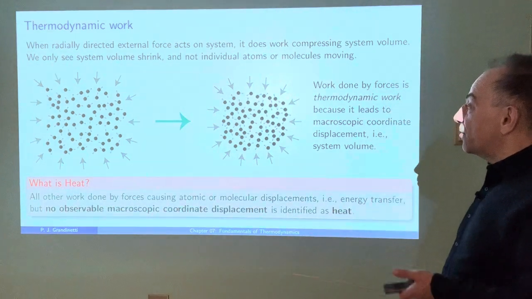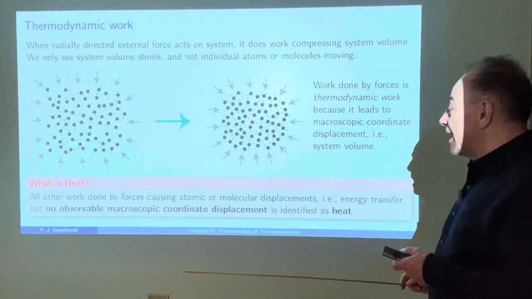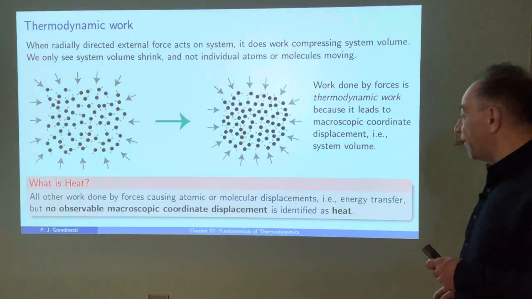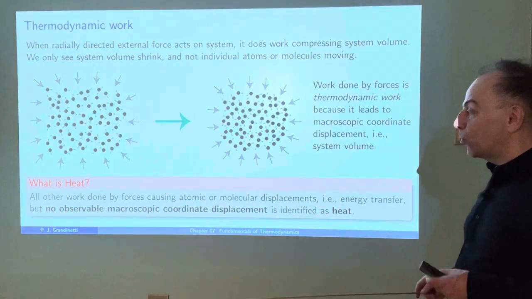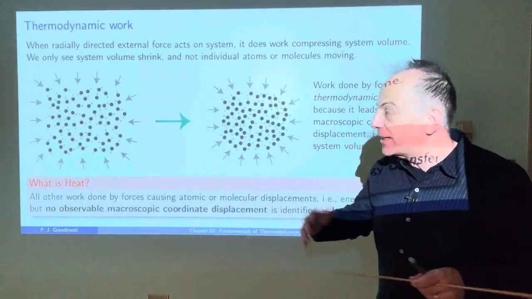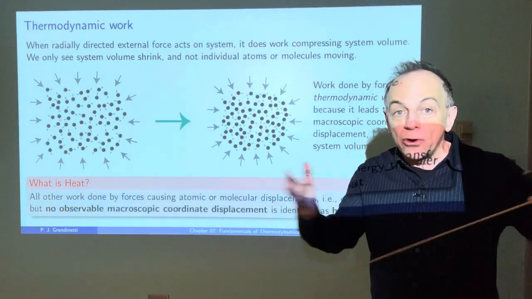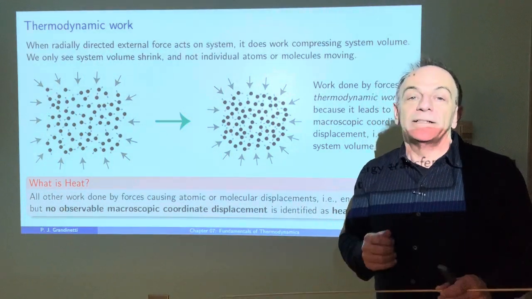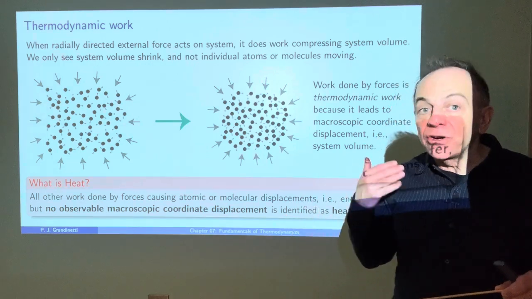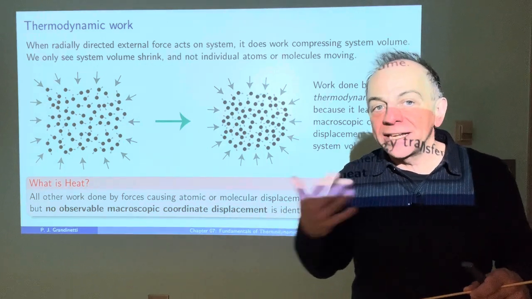Now, when it comes to the displacements that don't lead to any macroscopic observable coordinates, if there are external forces acting on our system of particles but there's no observable macroscopic coordinate displacement, there still can be energy transfer, changes in kinetic energy.